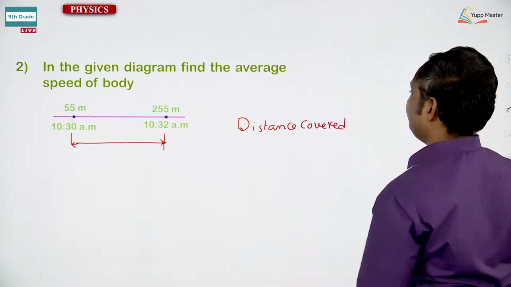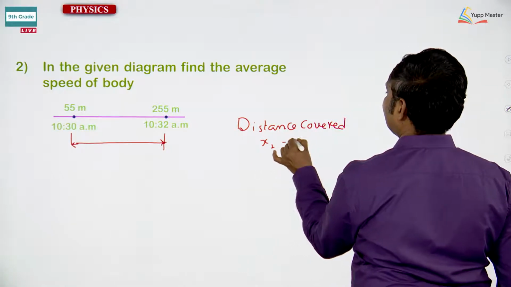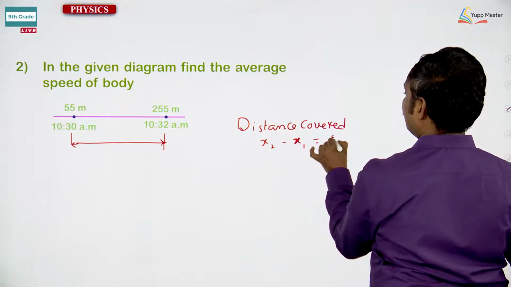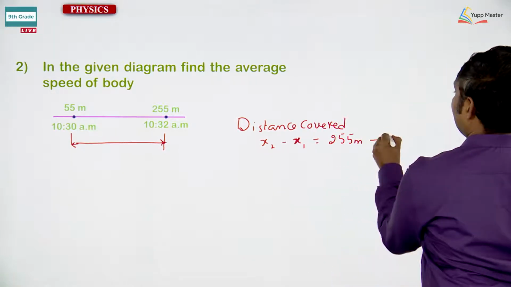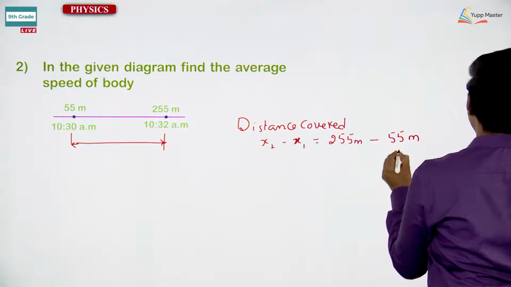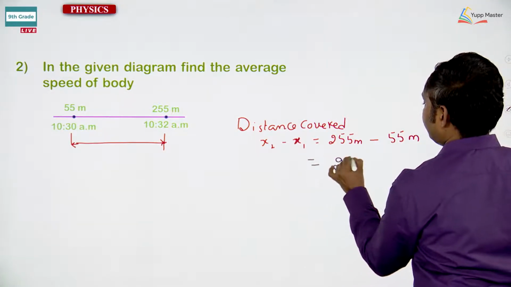That is x2 minus x1, that is equal to 255 meter minus 55 meter. Then you can get 200 meters.